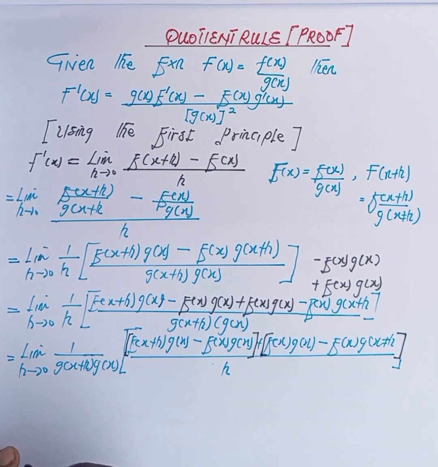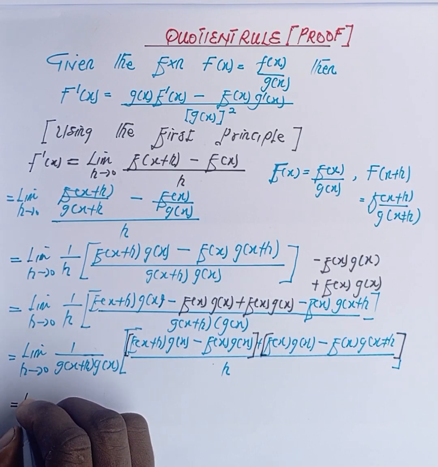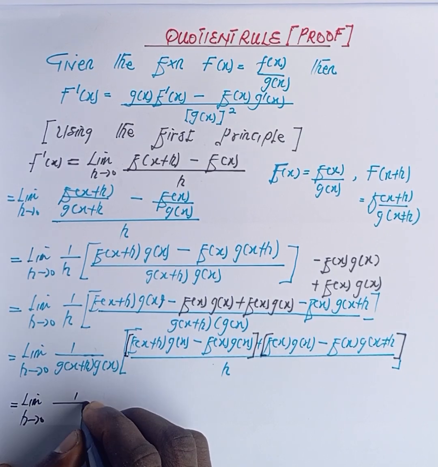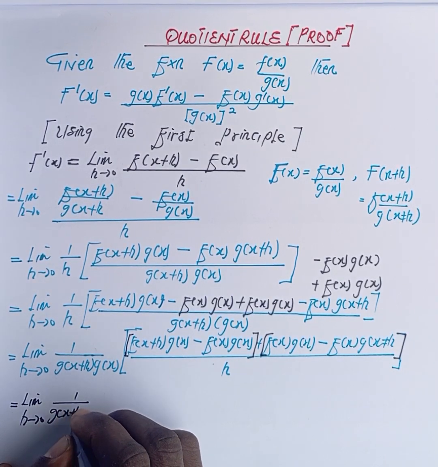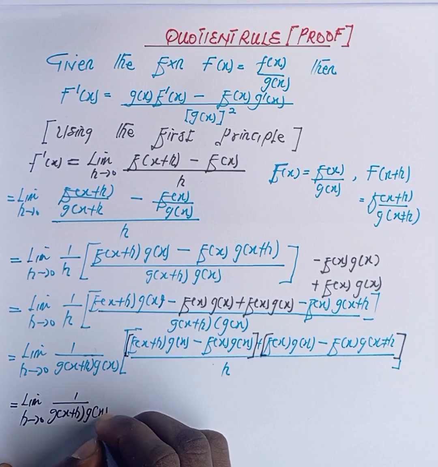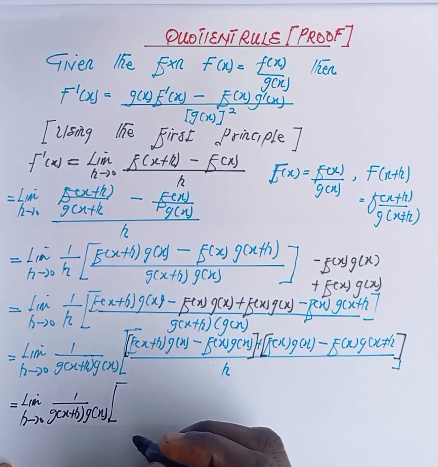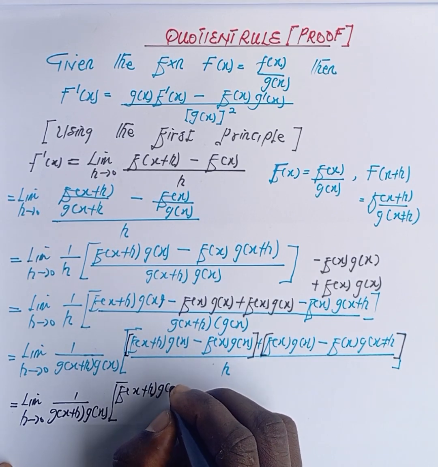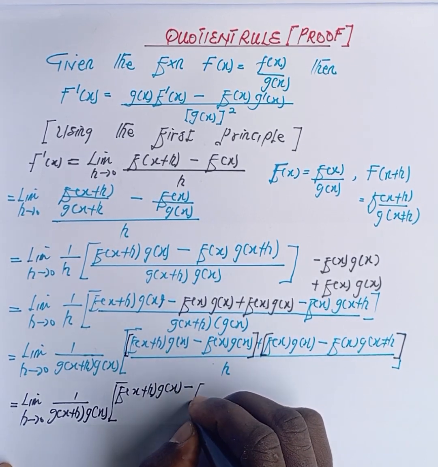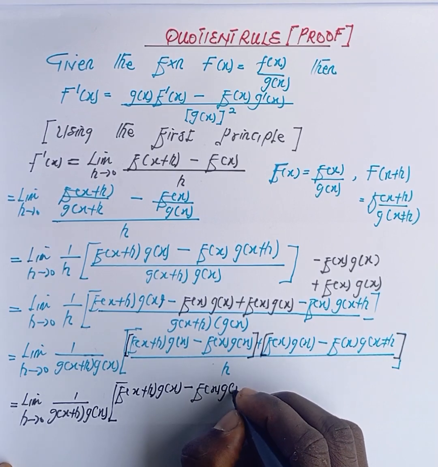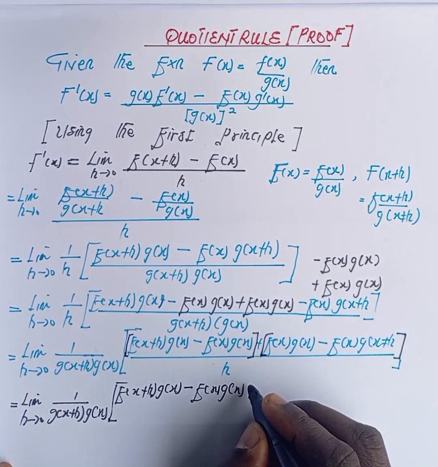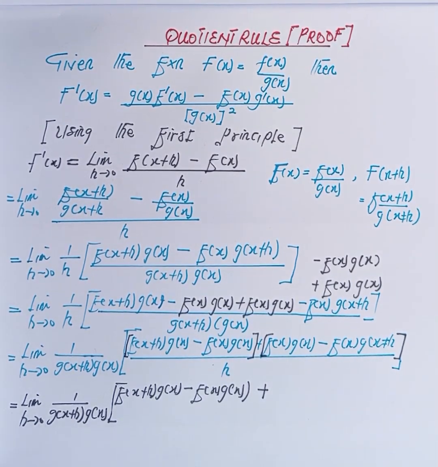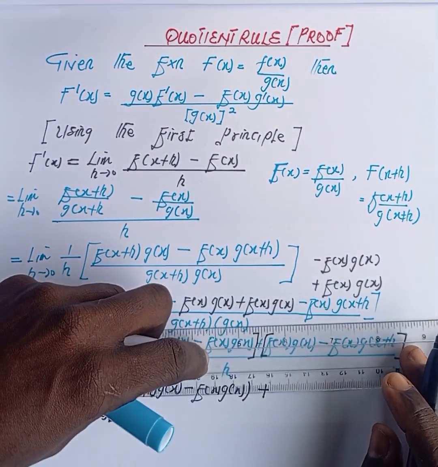We are going to get the limit as h approaches 0 of 1 over g at x plus h times g at x, then the bigger bracket f at x plus h times g at x minus f at x times g at x, and we write this over h.